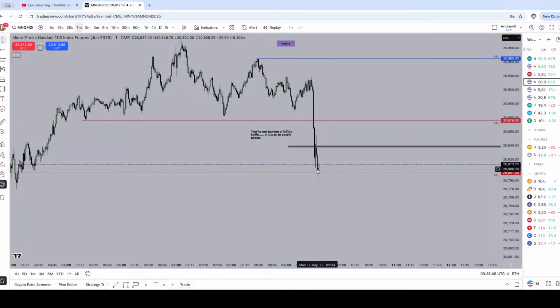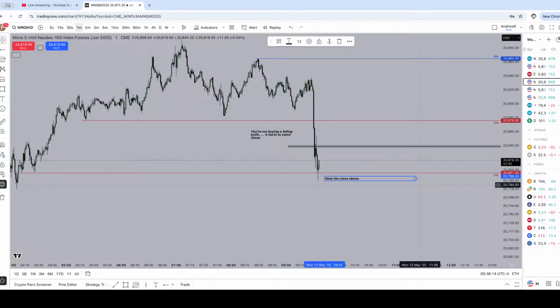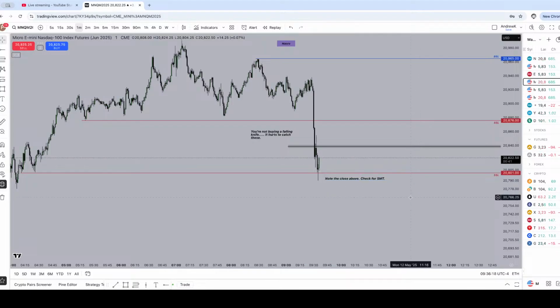So now you want to note the close below above. I'm putting this on my charts as well so that way you can see. Study what you're looking for.